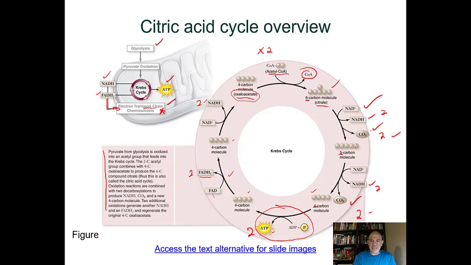For the NADH, that's 2, 4, 6. So 6 NADHs here. And we're going to have 2 ATPs. And we already did that NADH, but we're going to have 2 FADH2s. These 2 are your electron carriers here, so 6 and then 2 there.